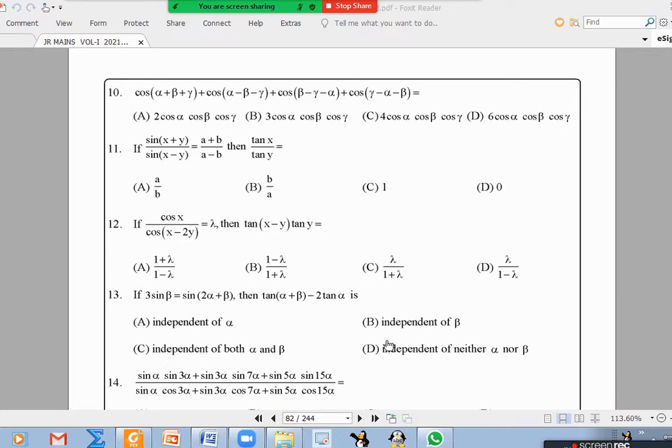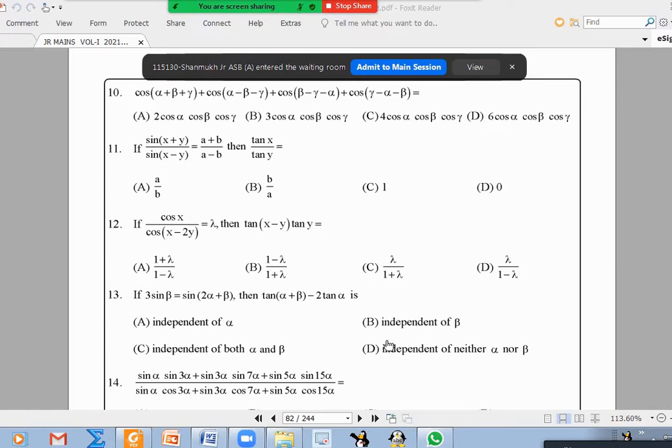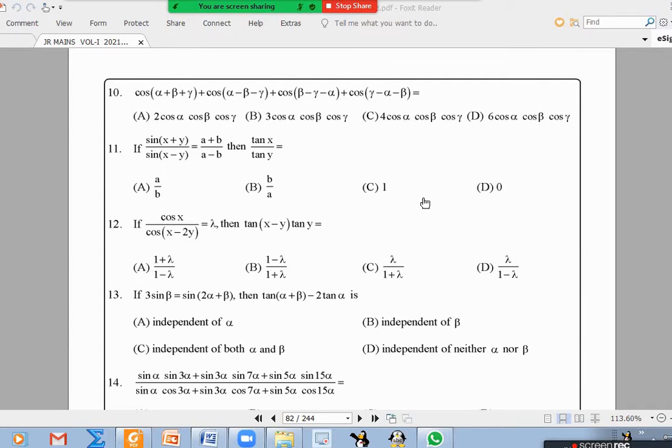After 11, we have to jump to wherever we left off here.